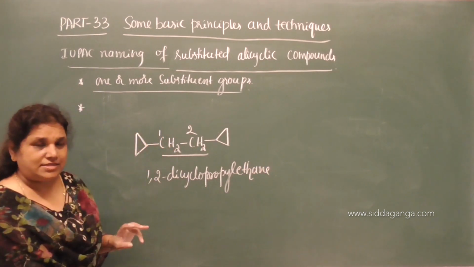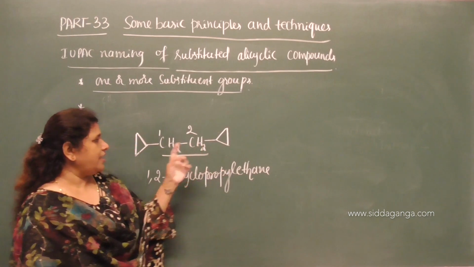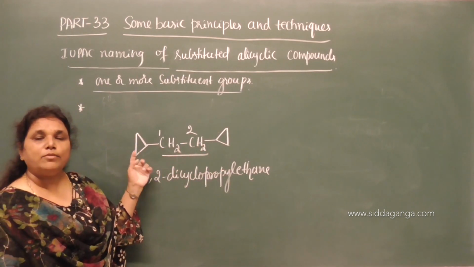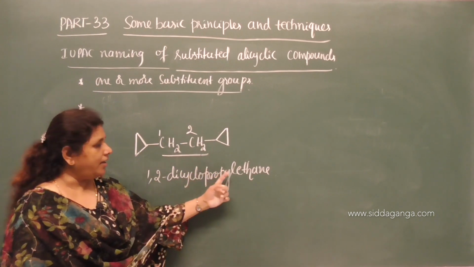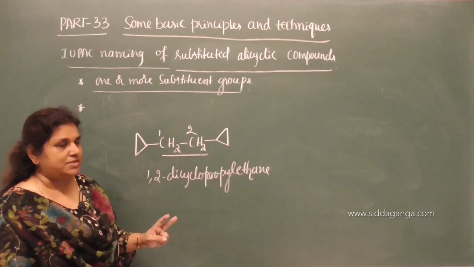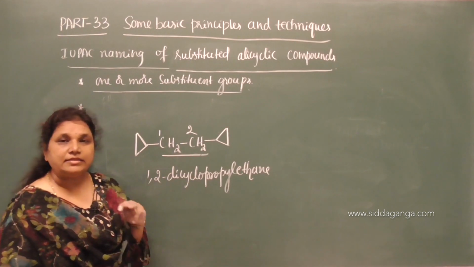Yes, definitely here the alicyclic ring contains more carbon atoms than the root word alkane. In the alkane, ethane has 2 carbon atoms, but the alicyclic ring has 3 carbon atoms.